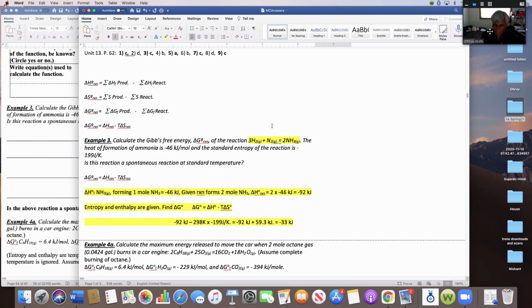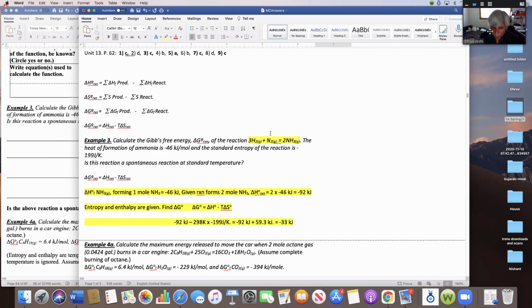The delta S mostly depends on the number of moles of gas. Among solid, liquid, gas, and aqueous, the gaseous state has the highest entropy. So if we have a gaseous state change during the reaction, we just look at that change, and that will tell us.